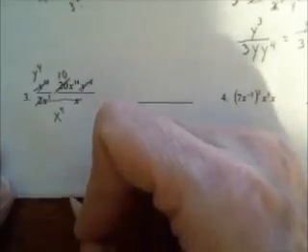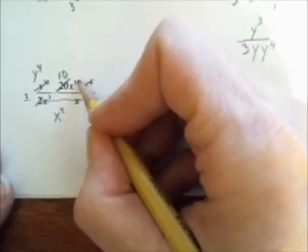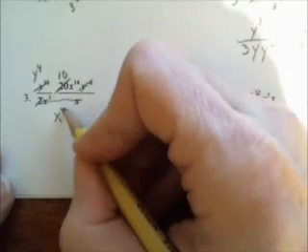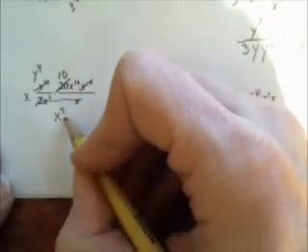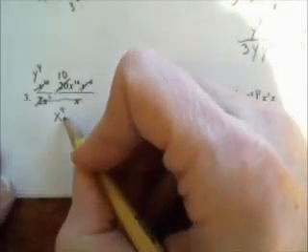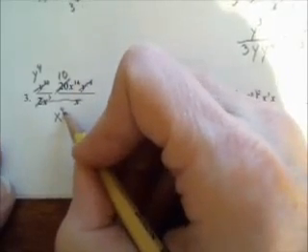And then the last thing we can do is we have x to the 14th in the numerator, x to the 4th in the denominator. And this is a quotient rule. Numerator over denominator says we're going to subtract those exponents. x to the 14th all over x to the 4th is x to the 10th.